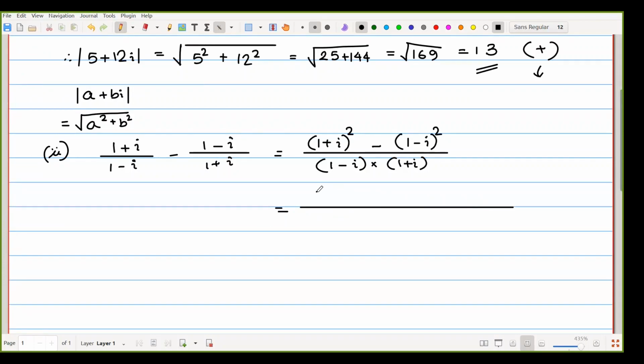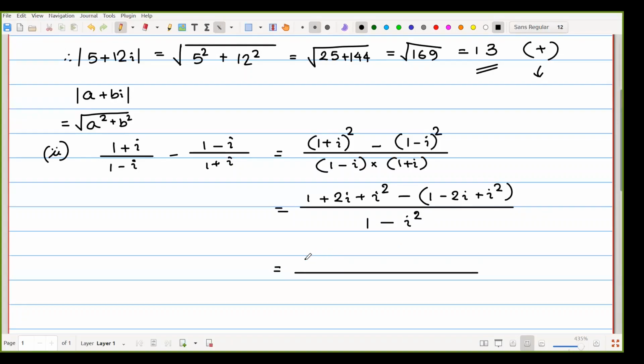So we are writing it, expanding it: 1 plus 2i plus i square, minus 1 minus 2i plus i square. And in the denominator, a minus b into a plus b, so a square minus b square, that means 1 minus i square.